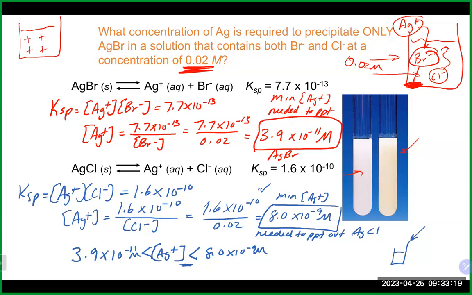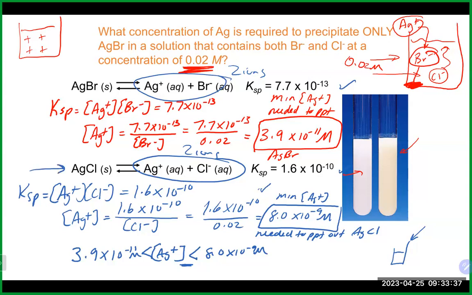In this case, we actually can, because silver bromide breaks apart into 2 ions, and silver chloride breaks apart into 2 ions, which means when we look at the KSP values, the larger KSP value is which one? It is the silver chloride, which means we should expect the silver chloride to be more soluble, which is why we expect the bromide to actually come out first. As you can see from the calculations, that's what would happen in this particular case.